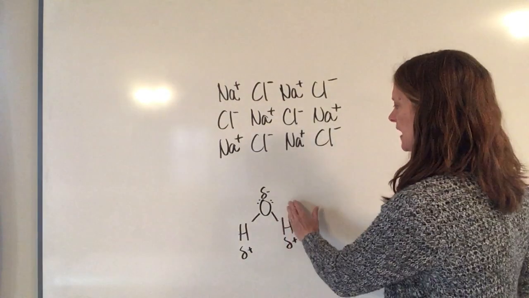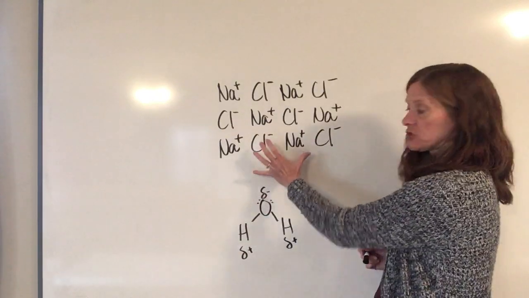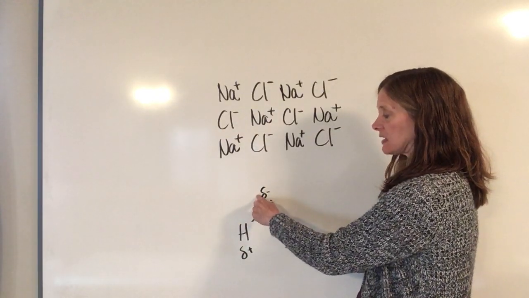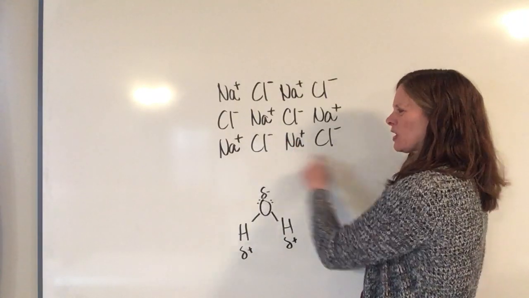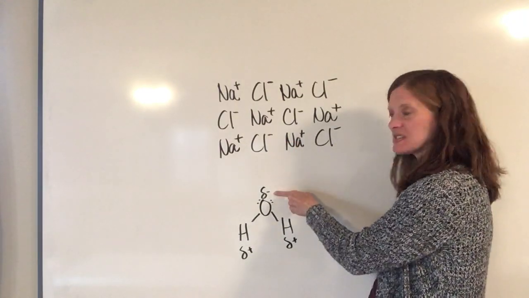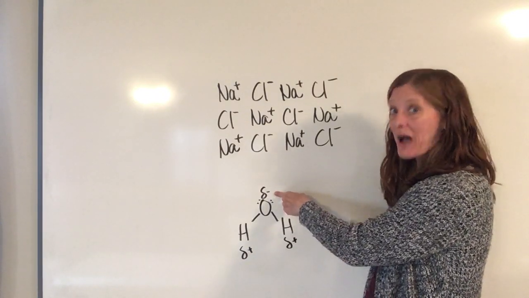And what happens then is that if the water molecule happens to come in from this direction, with this negative side pointing toward the salt molecule, what is it going to be attracted to over here? If this is a negative charge, it's going to be attracted to a positive charge.